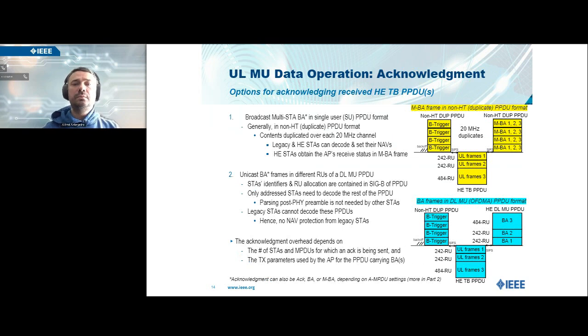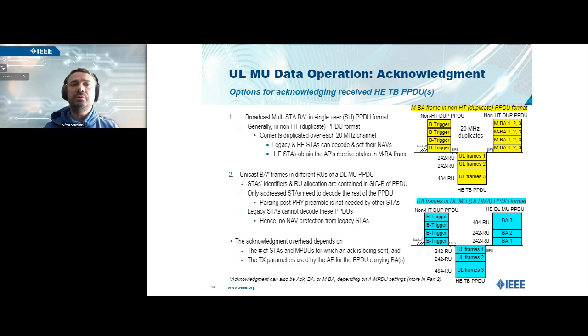So from an acknowledgement perspective, we do have different options to acknowledge an uplink multi-user data exchange. And here we're showing the two main ones. One is essentially by using the broadcast multi-STA block ACK frame carried in a single user PPDU format, generally in non-HT duplicate PPDU format.